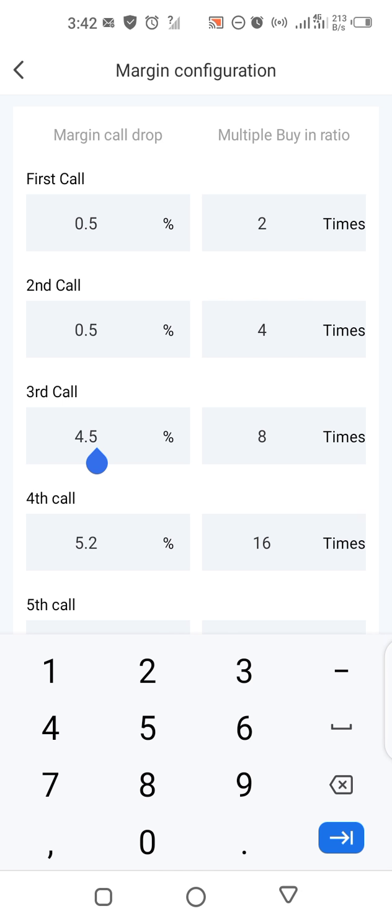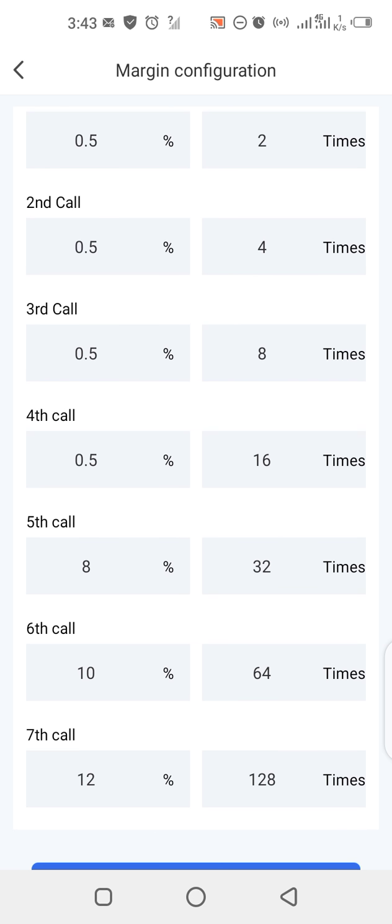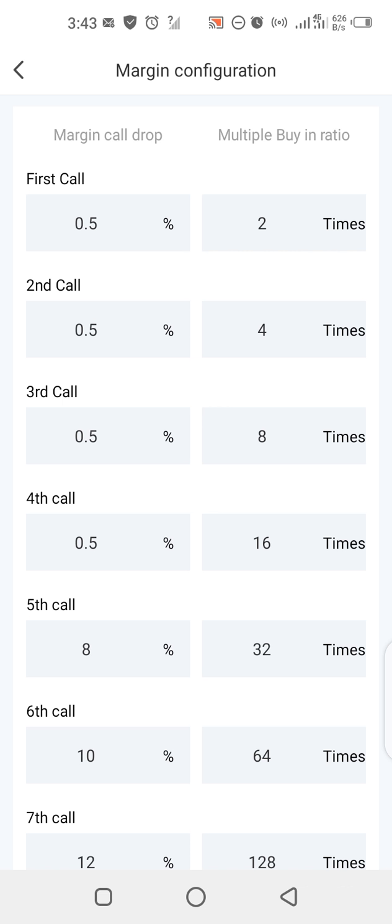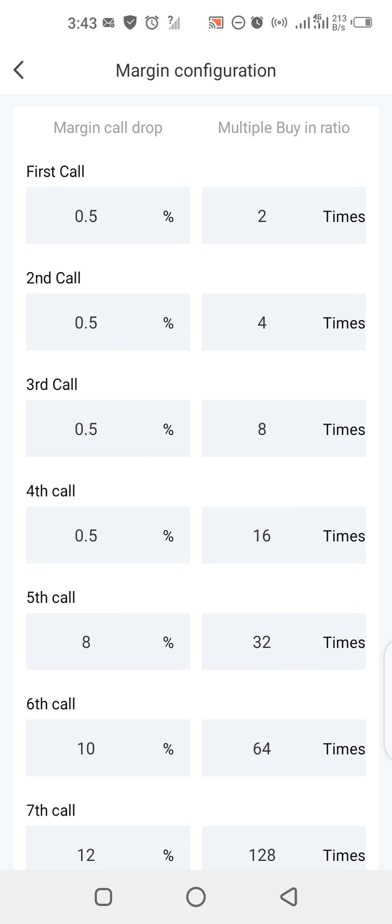Because they're in the whole warehouse, this is where we instruct the bot to buy more. Usually the bot doesn't sell in the first 4 margin calls because they are in a whole mode. I don't know how to make it much more simple for you. Now, that's when we call the margin call.